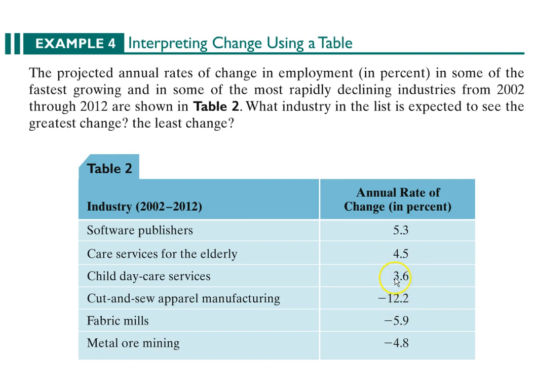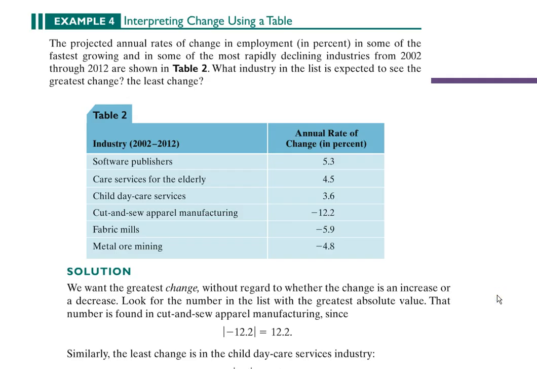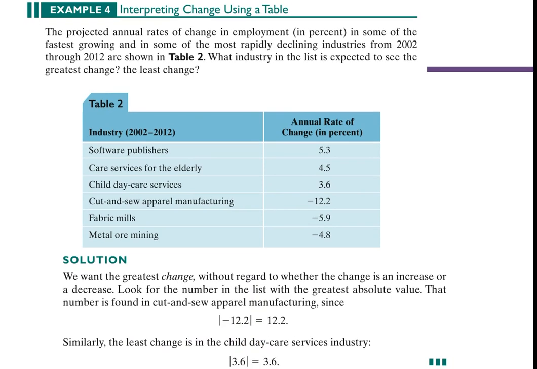So the least would be 3.6. And the greatest, even though it's negative, the greatest amount of change, its absolute value, would be 12.2. And if you agree to that, then hopefully that's good. And then there is the solution of all of this, and I will drop that down here a little bit so you can see it a little better.